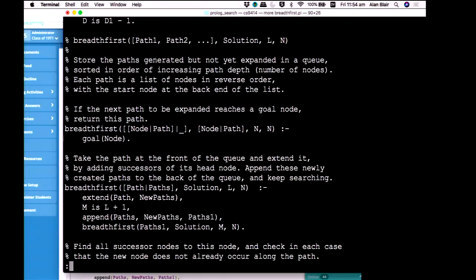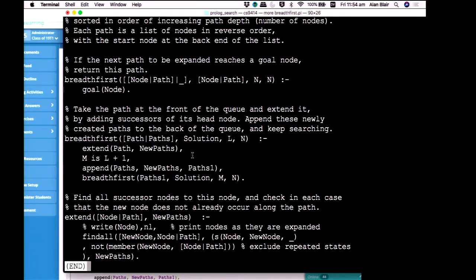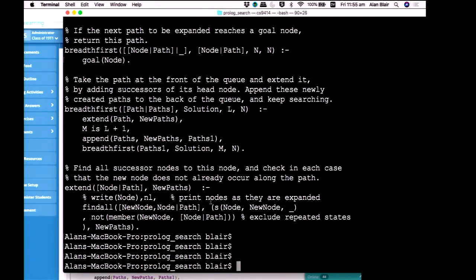And then this is the recursive case. I take the first path in the list and extend that path to create possible new paths, and then I put those new paths at the back of the list, and I continue my breadth first search on that new set of paths. Then I have to define what it means to extend a path.